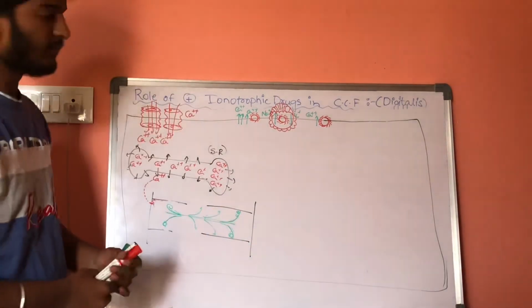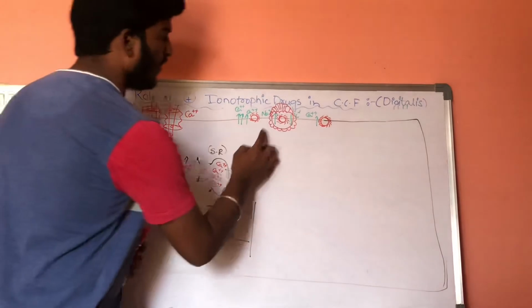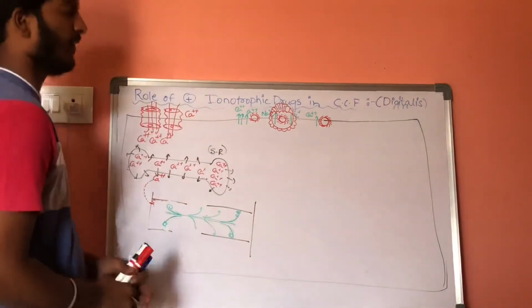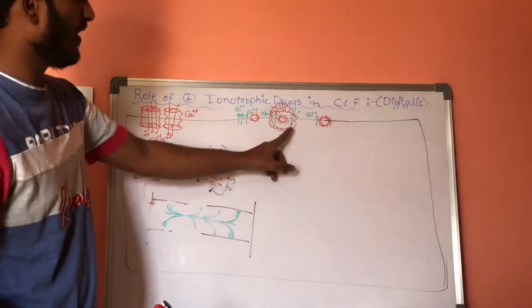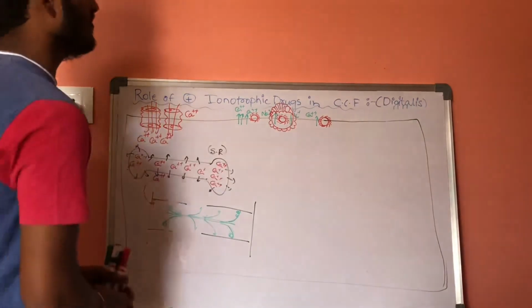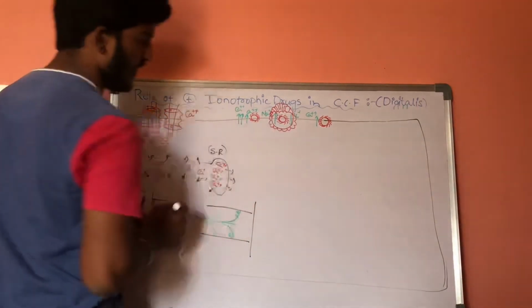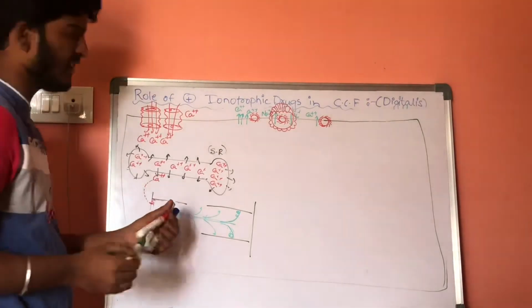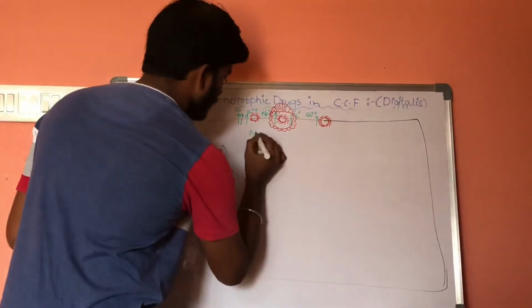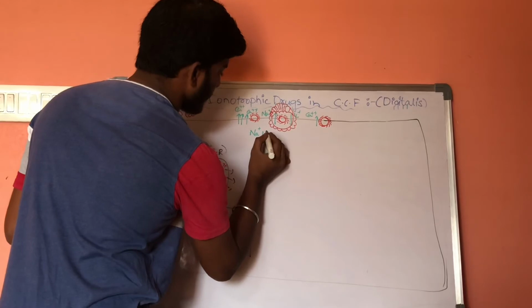Ultimately, there is no efflux of sodium and influx of potassium. So if there is no efflux of sodium, sodium will accumulate inside the cell.